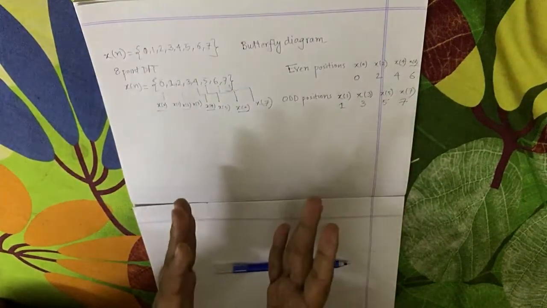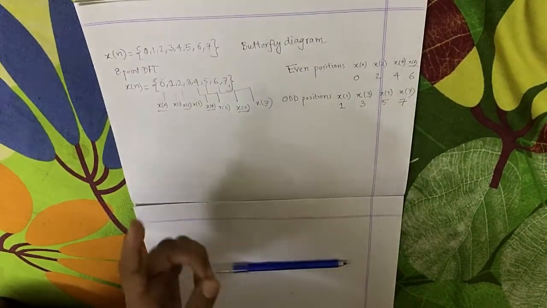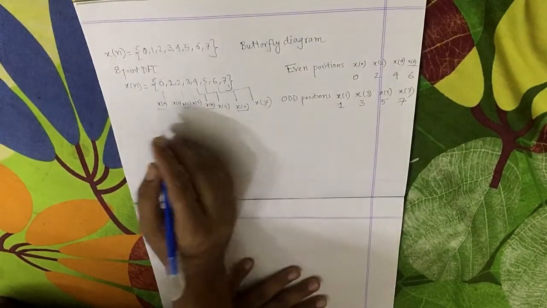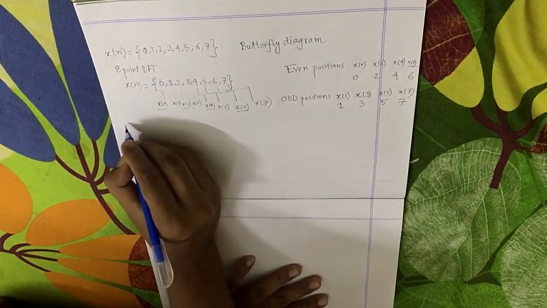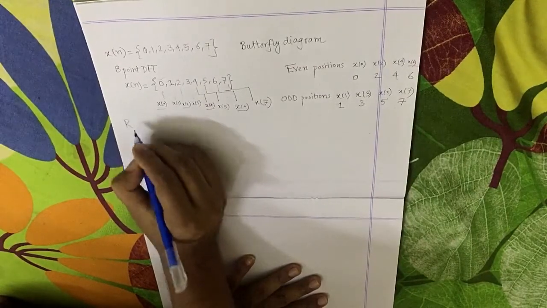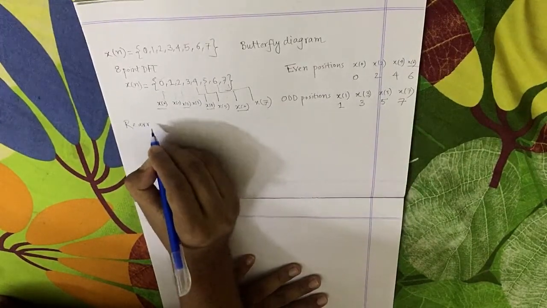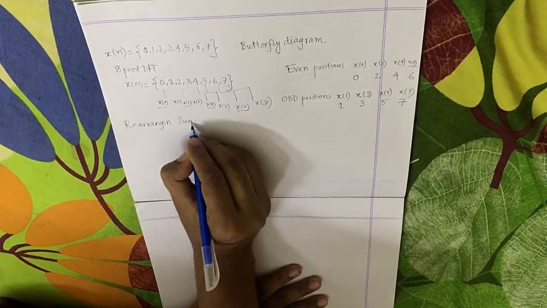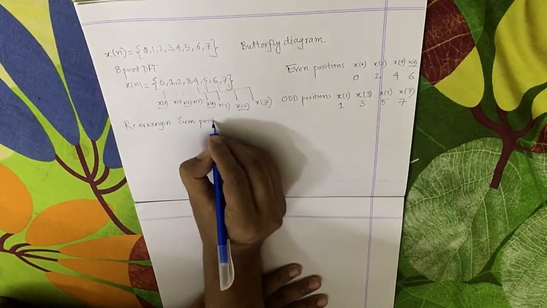Once we have done this, we again need to rearrange this. Some sort of rearrangement is needed. So let's write down rearranging even positions.